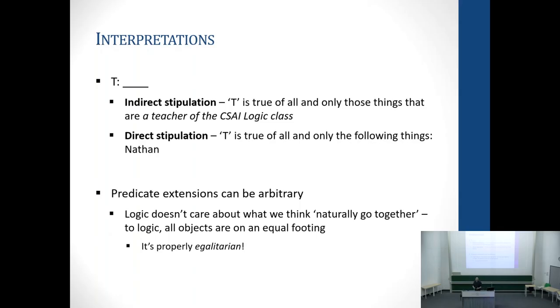So let me start with a one-place predicate. We have the predicate capital T. Now, so far, we've been expressing these predicates by attaching them to bits of English. So T might be the FOL representation of the English predicate "is a teacher of the logic class."